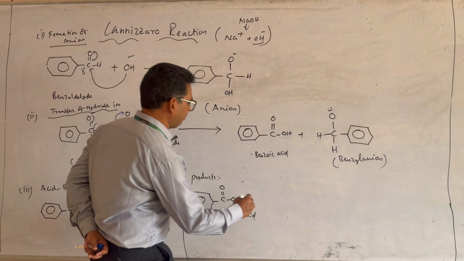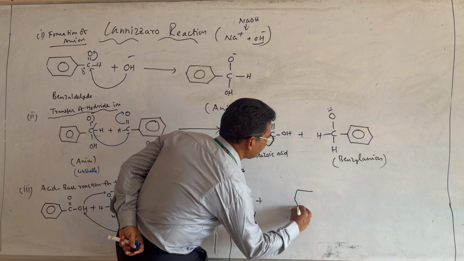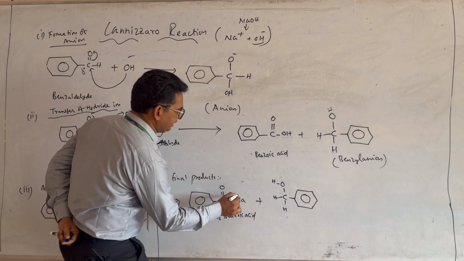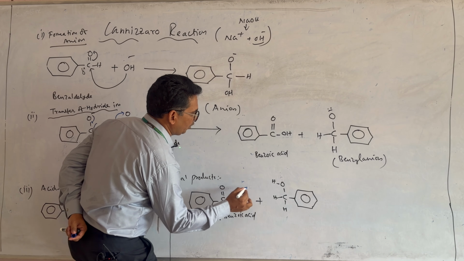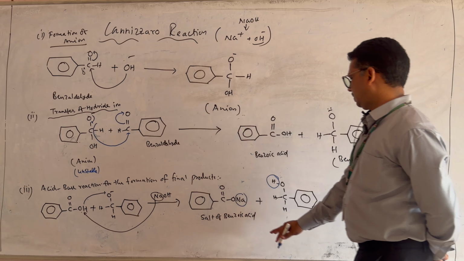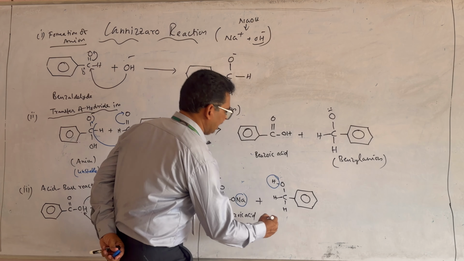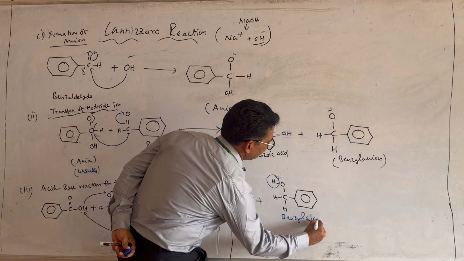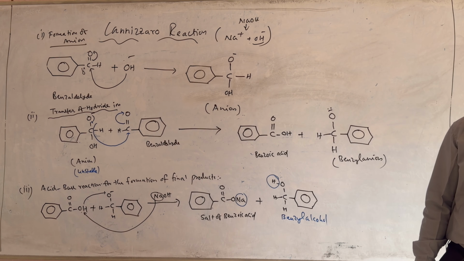Then what is produced? Benzyl alcohol. These are the two new things that happen in this reaction, with this sodium and this hydrogen. Then what is produced? Salt of benzoic acid and benzyl alcohol. This is the Cannizzaro reaction.